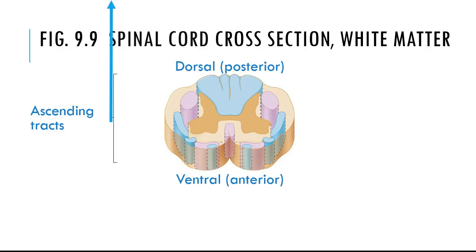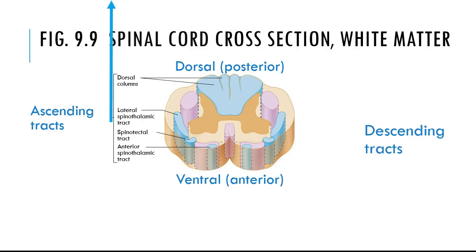Conversely, some nerve pathways travel descending, and these would travel down, away from the brain, towards the lower portions of the body. When you get into anatomy, you'll probably name these different tracts, so we don't need to do that here. We just need to be familiar with the terms ascending and descending.